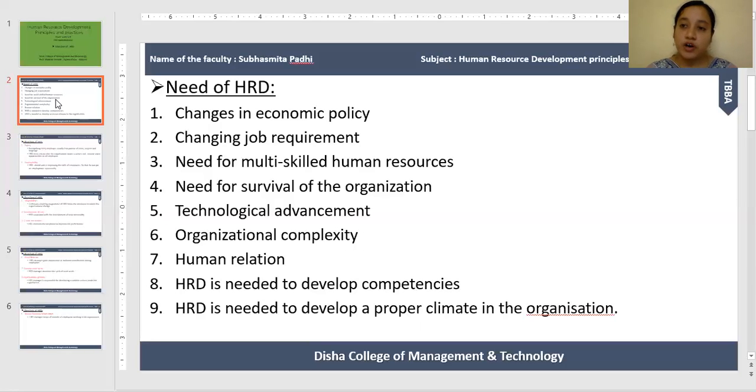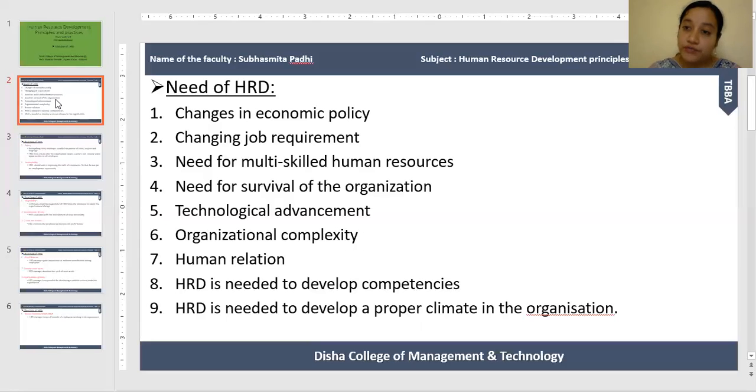So for that reason, the organization also wants human resource who has the ability to deal with the latest technology and the knowledge related to the latest methods and technologies. So the organization wants to develop its human resource so that they can comfortably work with such technology. By applying the various concepts of HRD, it can make its employees more comfortable with technological advancement and changes, so that the organization can achieve its objective of facing the global changes.